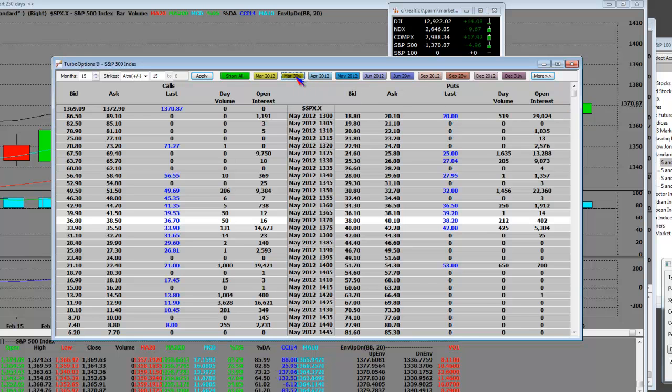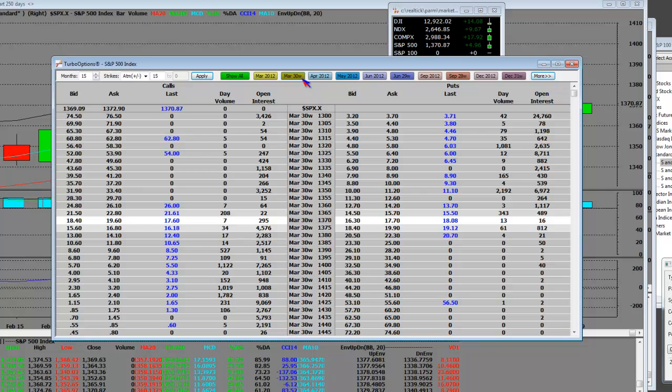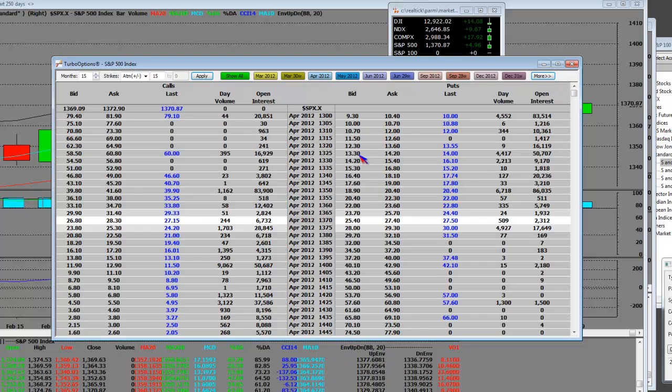There's even a March 30 weekly right here. So once again, we're going to take a look at the Aprils as well, because they're very important prices. How to use indexes to support high risk trades.